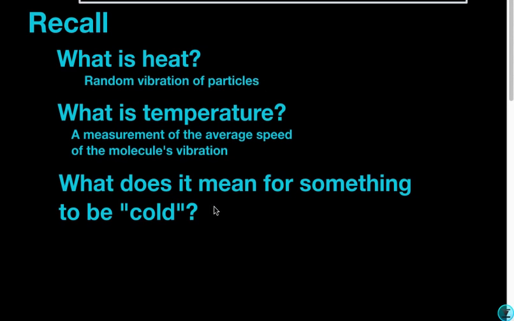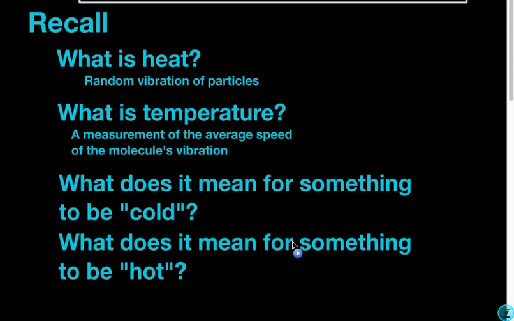But then what does it mean for something to be cold? Well, if heat is random vibration of particles and they're vibrating very, very quickly, then I guess it'd be hot. And if they're vibrating more slowly, now I'm not saying stopped, what I'm saying is vibrating more slowly, then that thing is cold.